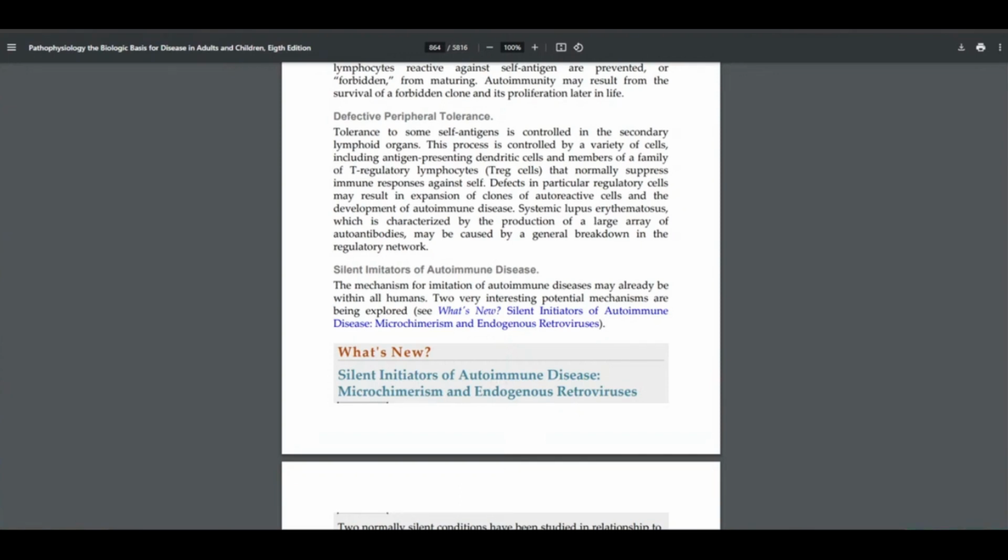Defects in particular regulatory cells may result in expansion of clones of autoreactive cells and the development of autoimmune disease. Systemic lupus erythematosus, which is characterized by production of a large array of autoantibodies, may be caused by a general breakdown in the regulatory network.